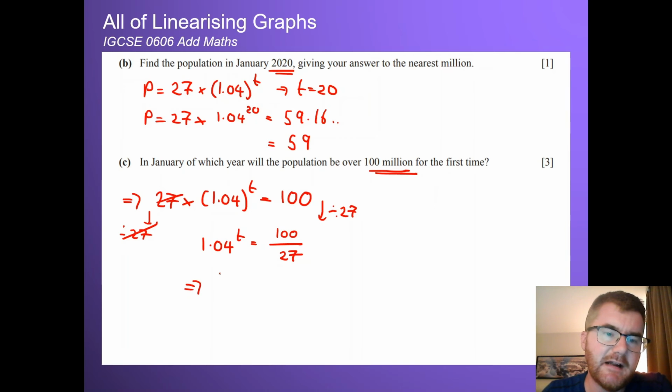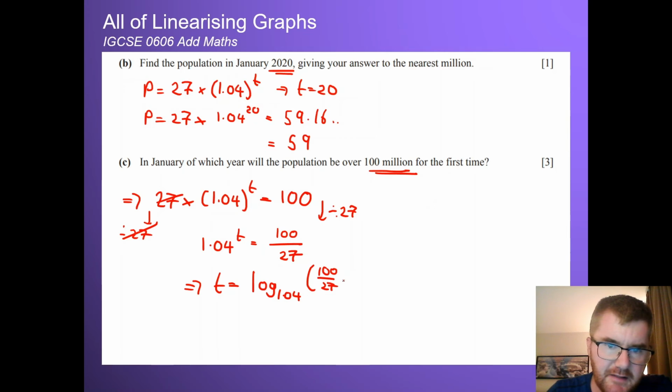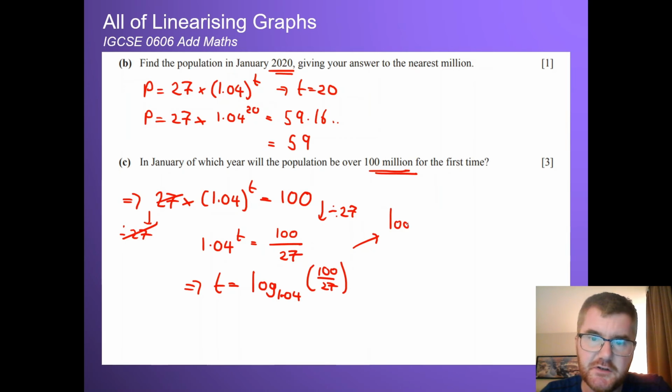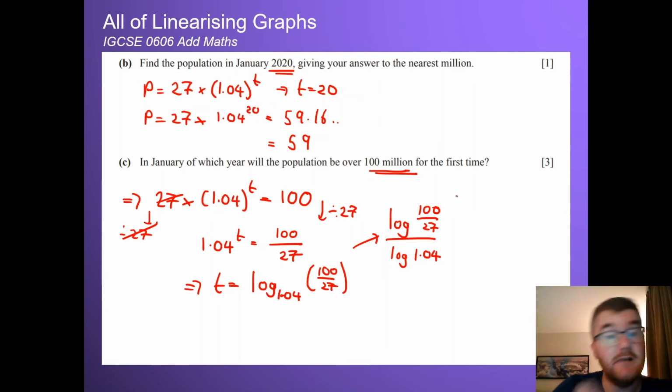So what I mean by directly is you can just say t is equal to log base 1.04 of the fraction, and then just solve this way if your calculator can do decimal bases. If not, you can always solve this in the more classic way, which is we just use base 10 and we say lg of 100 over 27 divided by lg of 1.04. It's actually just the change of base rule that we're using, so you can use either of these expressions depending on what you've learnt in your class.